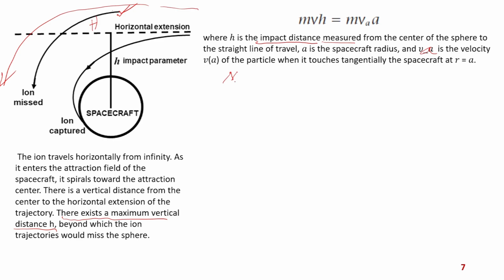I can write the expression I already wrote previously, at any distance r, n_e is equal to n_0 e to the power minus q_e phi divided by k T_B. Similarly, I can write it for n_i also, only q_e will be replaced by q_i.